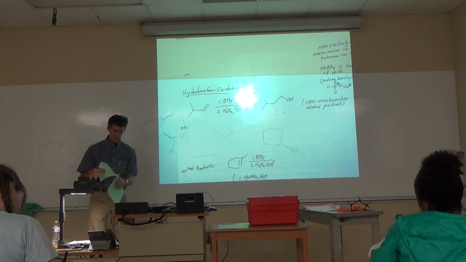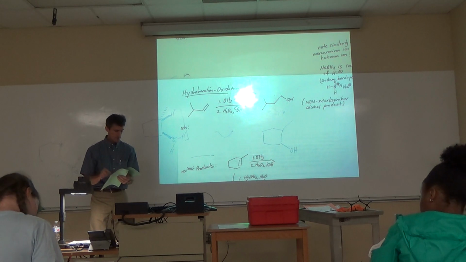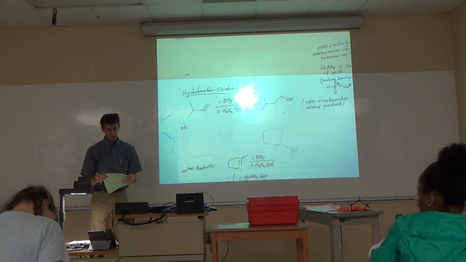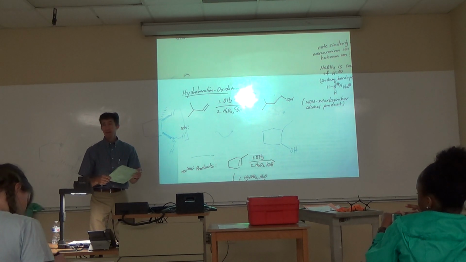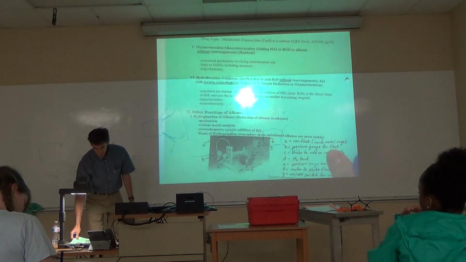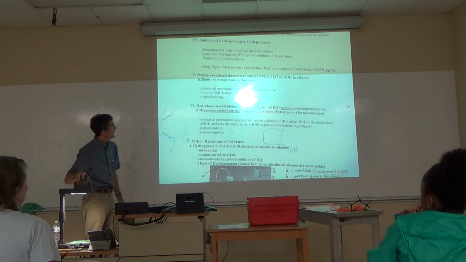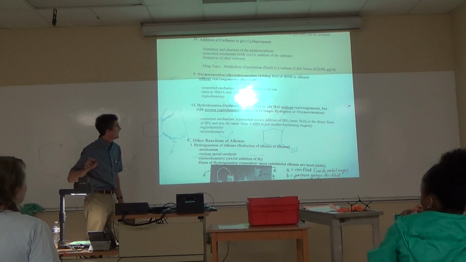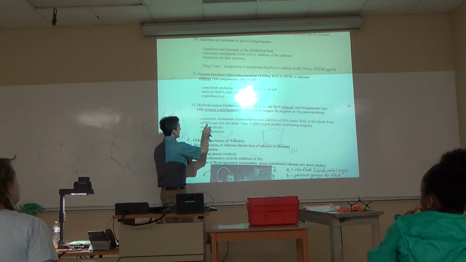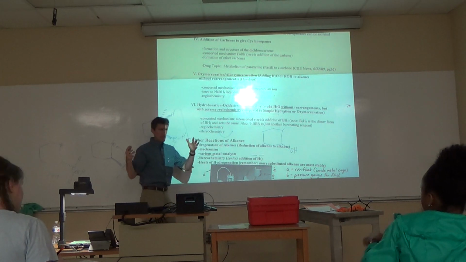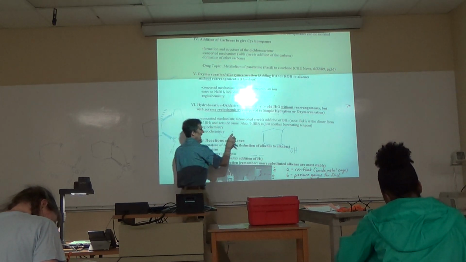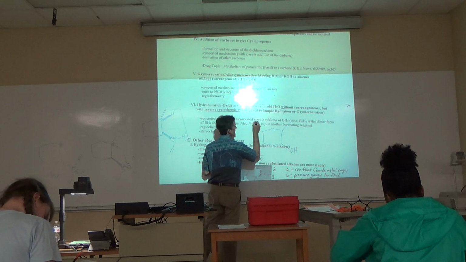How did we add the BH3? Because I'm sure it's got to be somewhere in my hand. It's a concerted mechanism. That is, these two steps happen at the same time. How did we add the BH3?